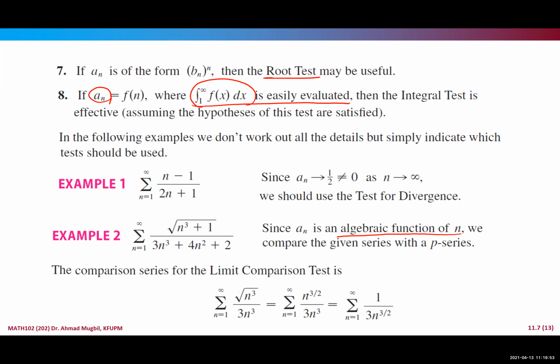This is 3 over 2, and this is 3 over 2. Now this will be n to the power 3 minus negative 3 over 2 in the denominator. Now you will compare this with this. You can take the third out, and this will be 1 over n to the power 3 over 2.